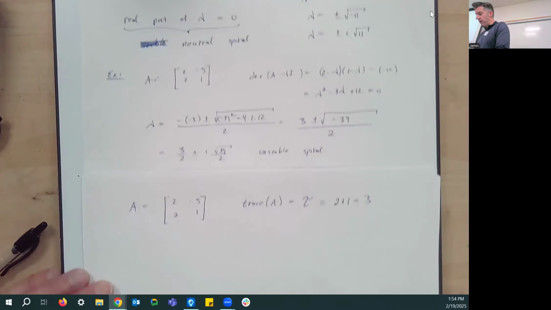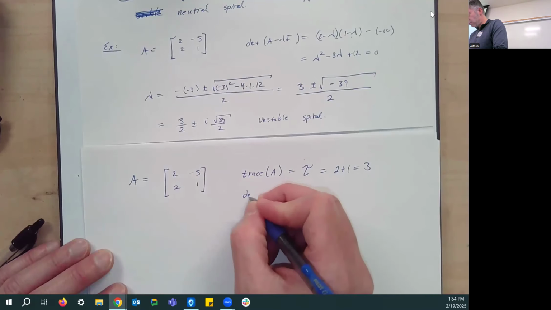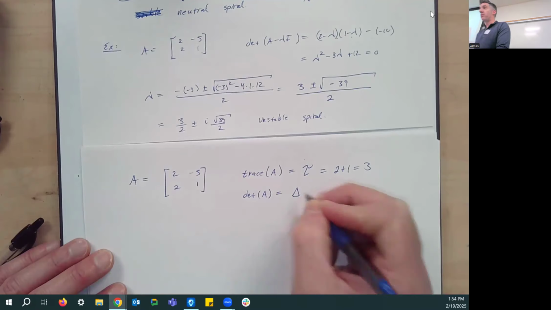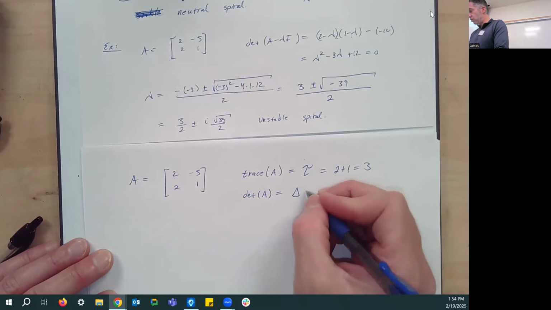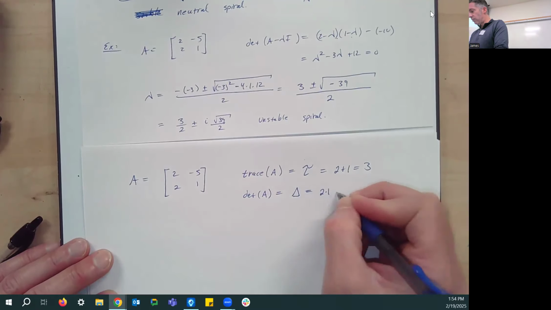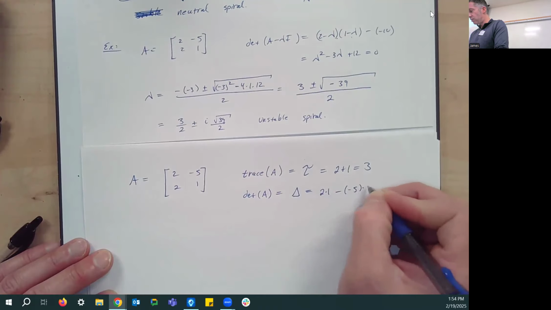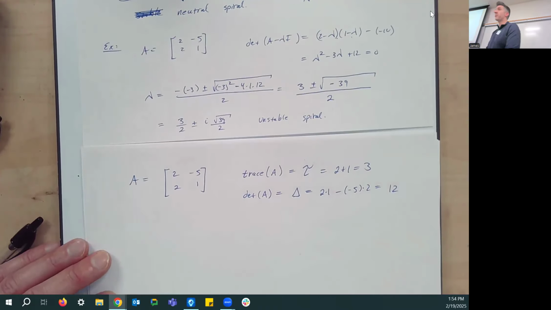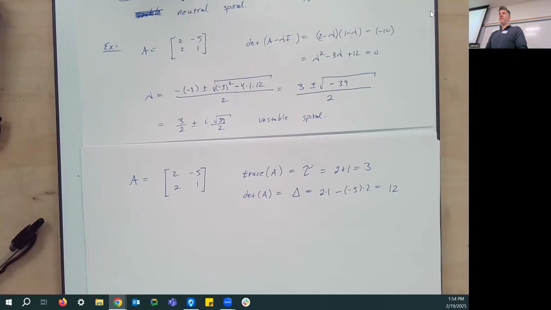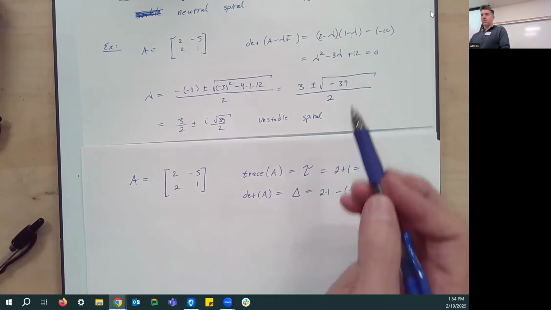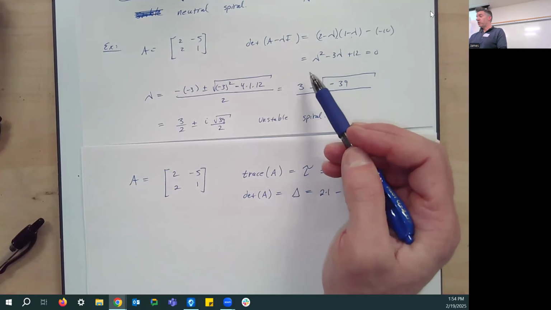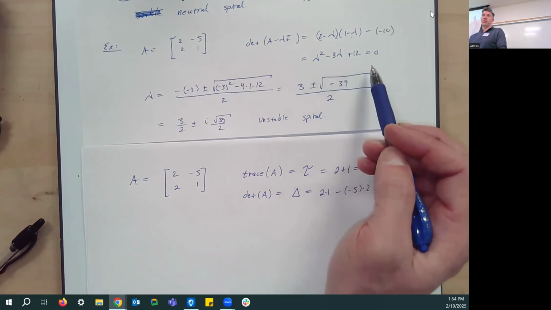And the determinant of A, which is often written as the capital letter delta, is the usual determinant. It's 2 times 1 minus -5 times 2, which in this case is 2 plus 10, which is 12. Those numbers definitely show up in your equation here, which is actually called the characteristic equation, lambda squared minus 3 lambda plus 12 equals 0.